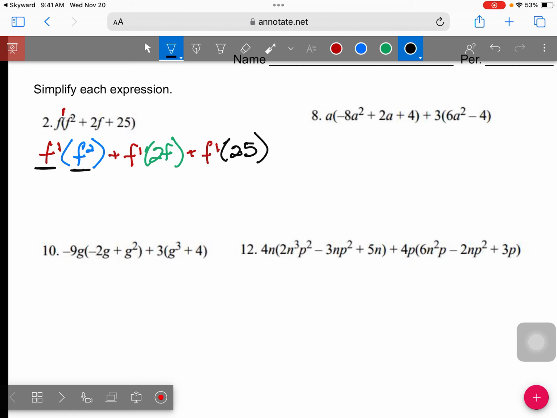When you multiply two powers that have the same base, you add the exponents. So this becomes f to the third plus, coefficients go in front, so pull the 2 out in front for the second term, f to the first times f to the first, add the exponents, that becomes f to the second, and f to the first times 25, 25 is a coefficient, so that's plus 25f, and you can put a 1 on it if you want.